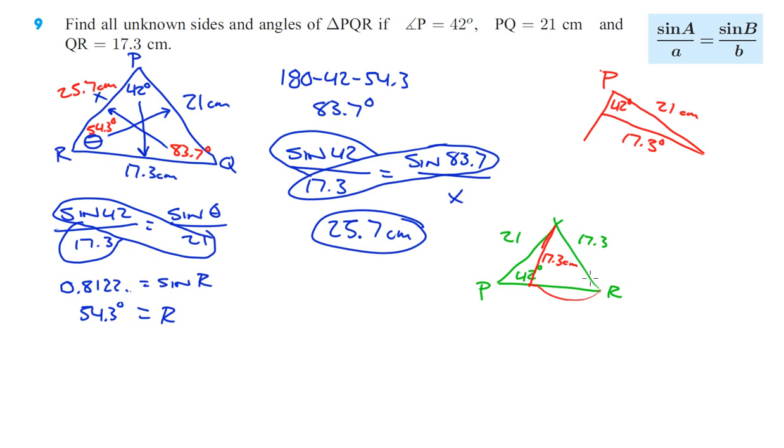So it could be either one of those triangles. That's called the ambiguous case, because you don't know which one it is. Normally you would solve for both of them. We're just going to worry about the one for now, but I wanted to mention it so that you knew it was there.